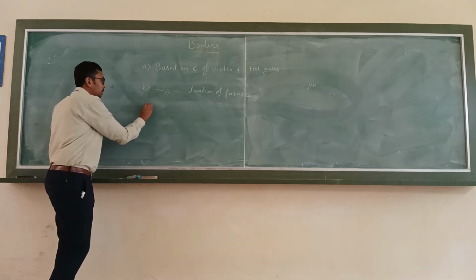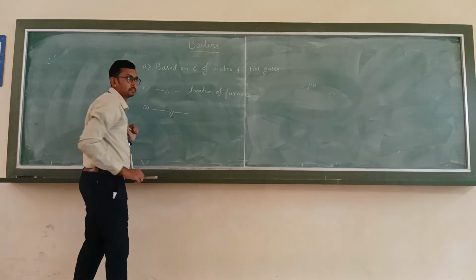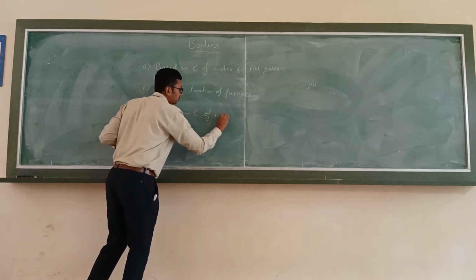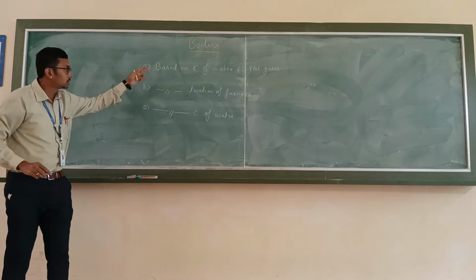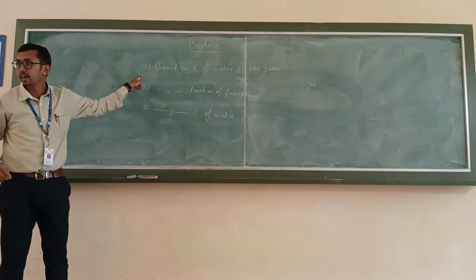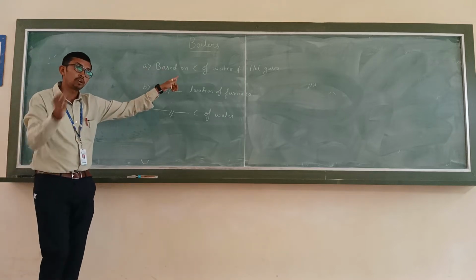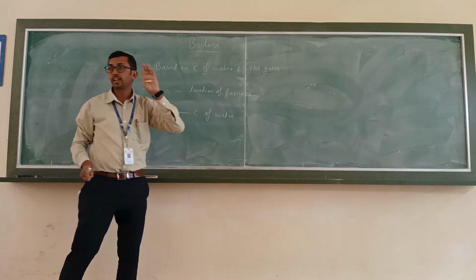The third classification is based on circulation of water. So there is a difference between classification A and classification C. The first is based on both circulation of water as well as hot gases.